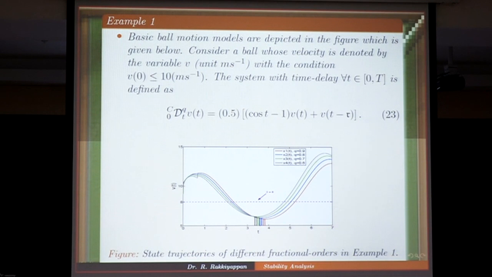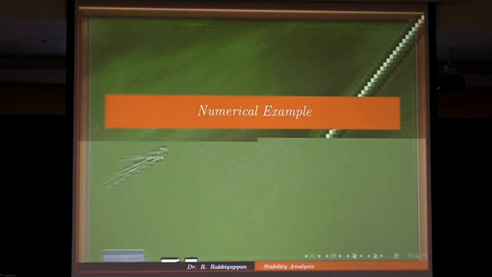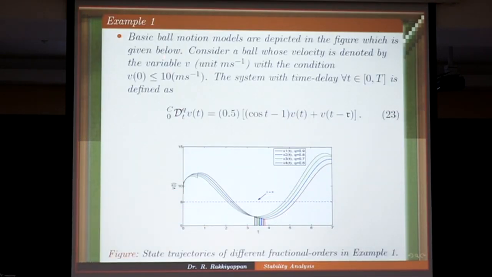So we have numerical examples. We have considered 2 examples. One is the basic ball motion model, which is defined here. In this ball motion model, we can include a time delay. So we can evaluate the system behavior for different fractional orders, q equal to 0.9, 0.8, 0.7, 0.6.